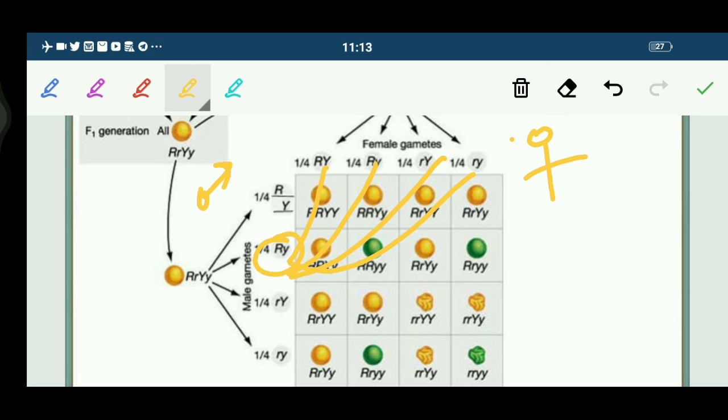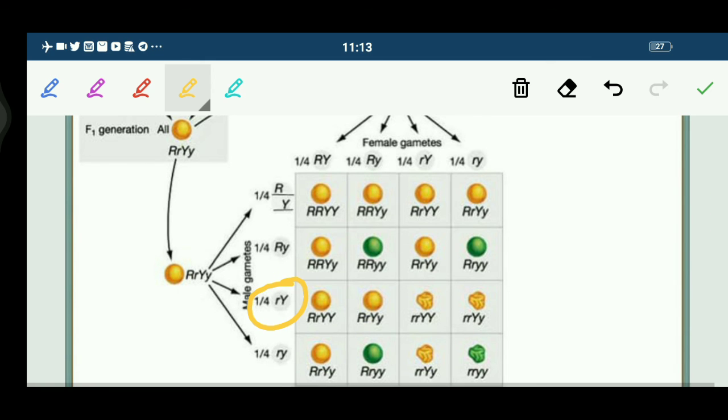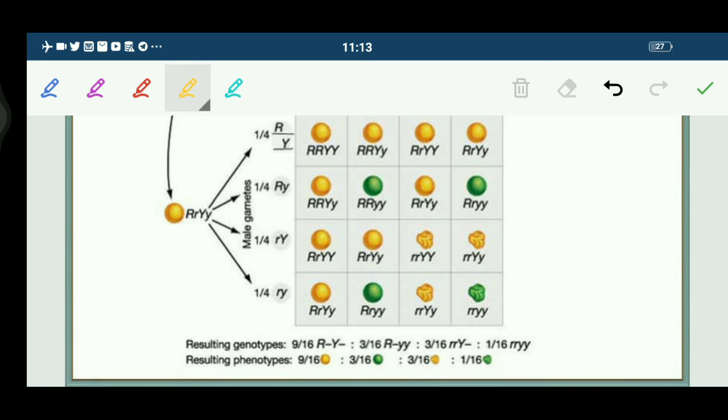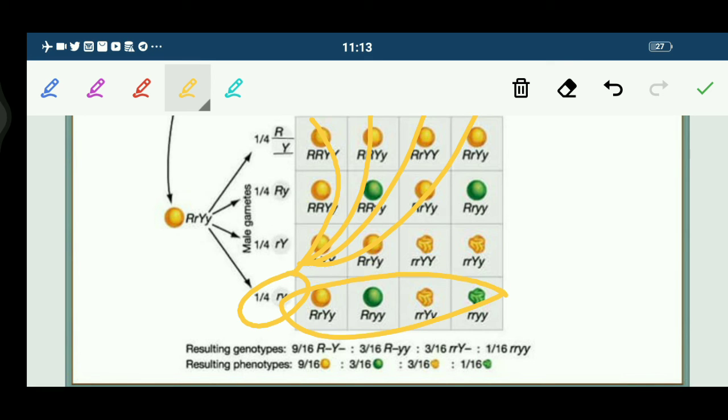Then the third male gamete is small r capital Y, fused with the first female gamete, capital R capital Y, then with capital R small y, then with small r capital Y. The last is small r small y, which is fused with these four gametes of the female, and write it down in the fourth row.